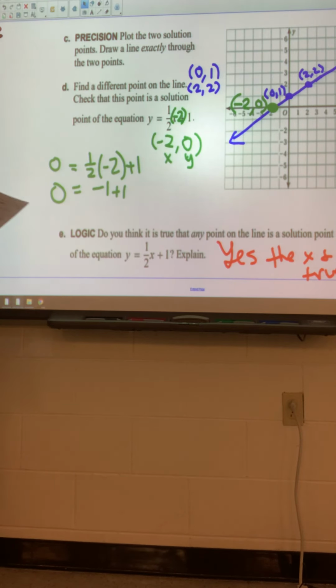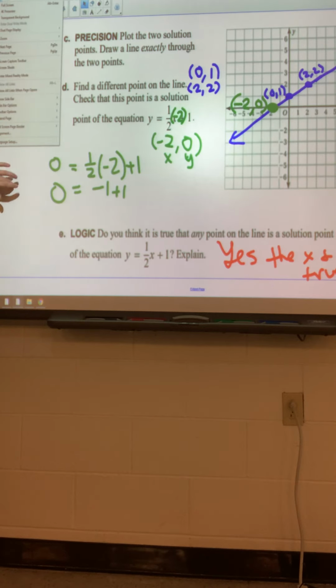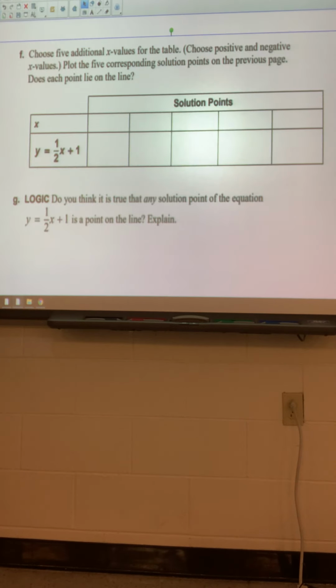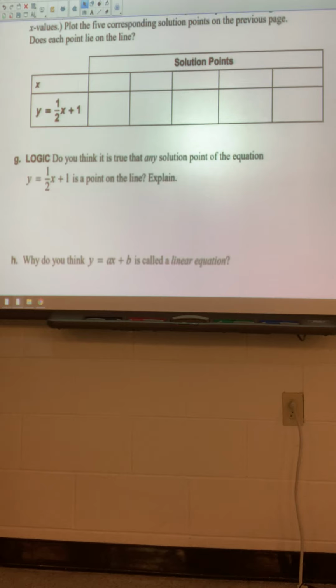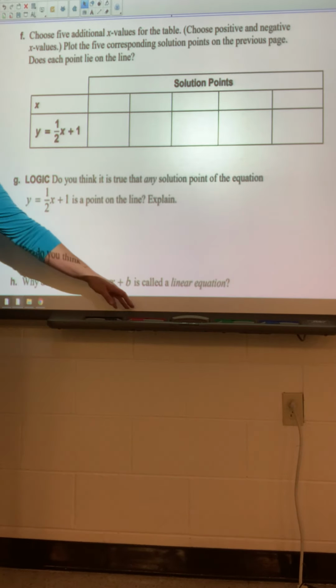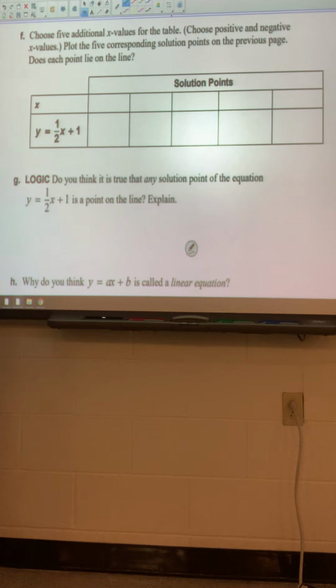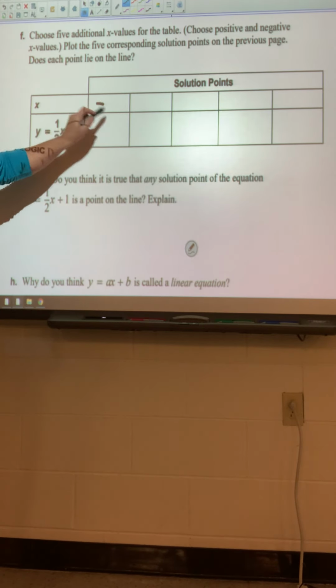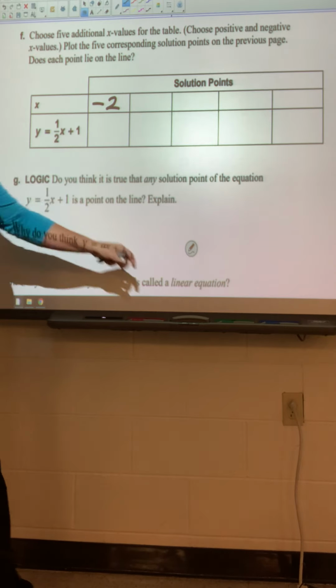All right. Let's pick 5 more points. We get to pick the x values. We have to find the y values. I'm gonna pick -2. No, we already did that one.